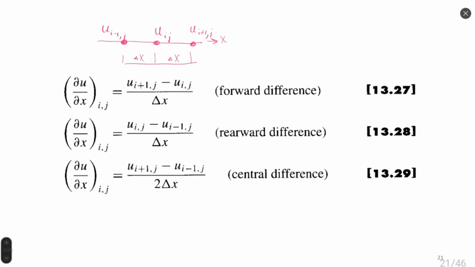For example, for positive velocity going in the positive direction, we use the second equation. Rearward differences are more typical. This works in the following way. We know all parameters which happened before in space, and if we would like to calculate the next parameter, some parameter with coordinate i j, knowing all previous parameters, calculating from left to right, we use previous parameters to calculate the derivative at the point where we are interested.